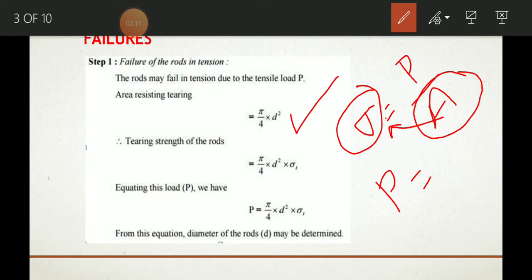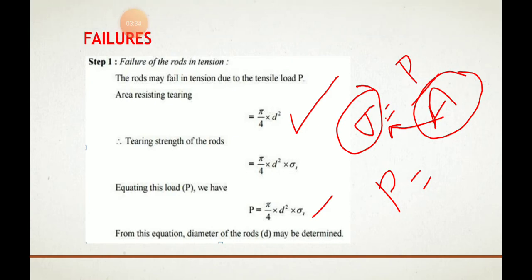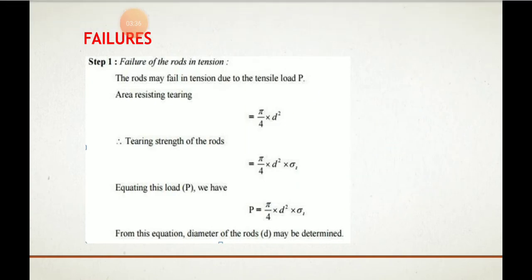When you equate both equations, we get P, the tearing resistance, equal to pi by 4 d square into sigma t. From this equation we find the diameter of the rod. This is the first step towards the calculation of the diameter of the rod. Let us move to the second step.